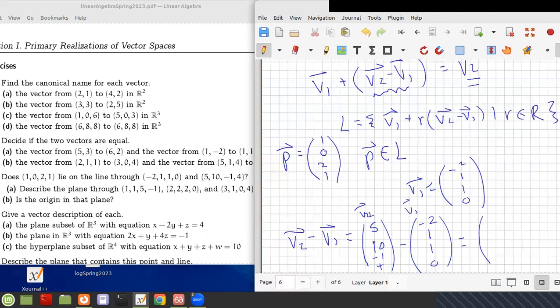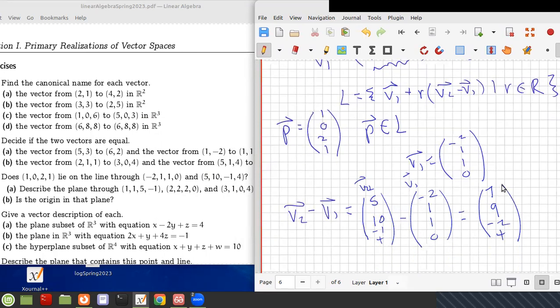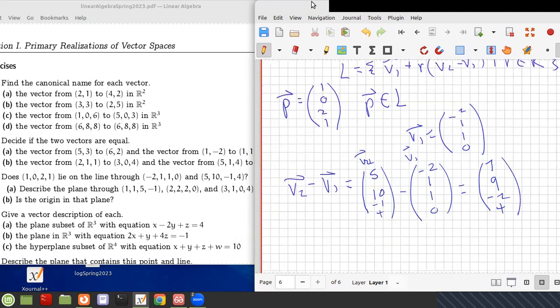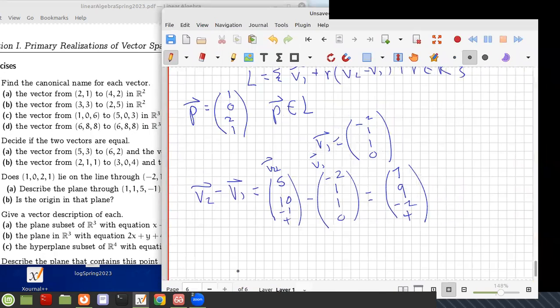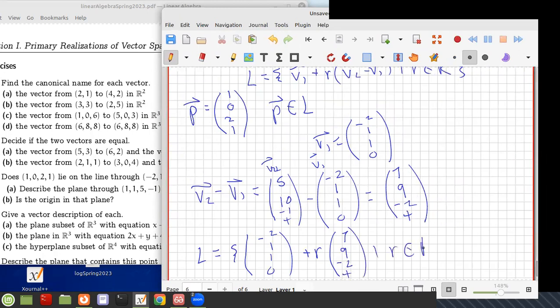So that's going to give me 5 minus -2 is 7, right? 10 minus 1 is 9. -1 minus 1 is -2, and 4 minus 0 is 4. So L here is going to equal the set -2, 1, 1, 0 plus R times 7, 9, -2, 4, such that R is a real number.